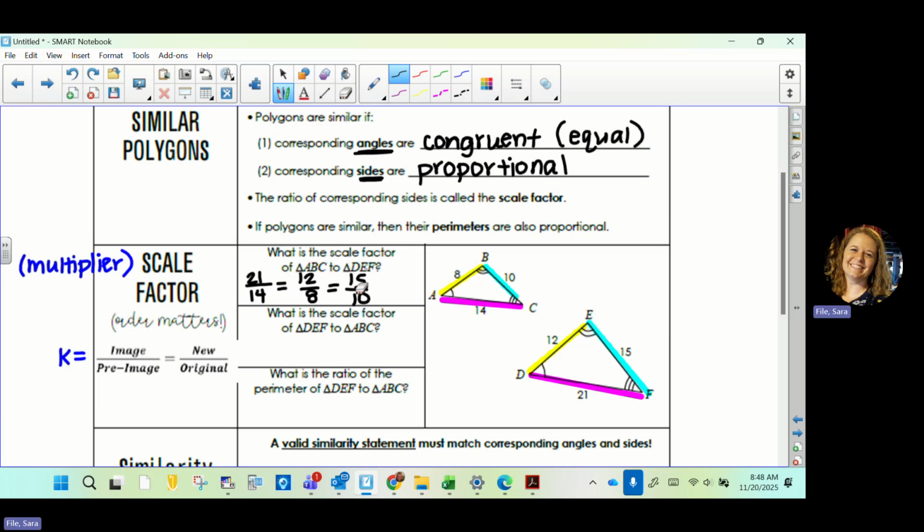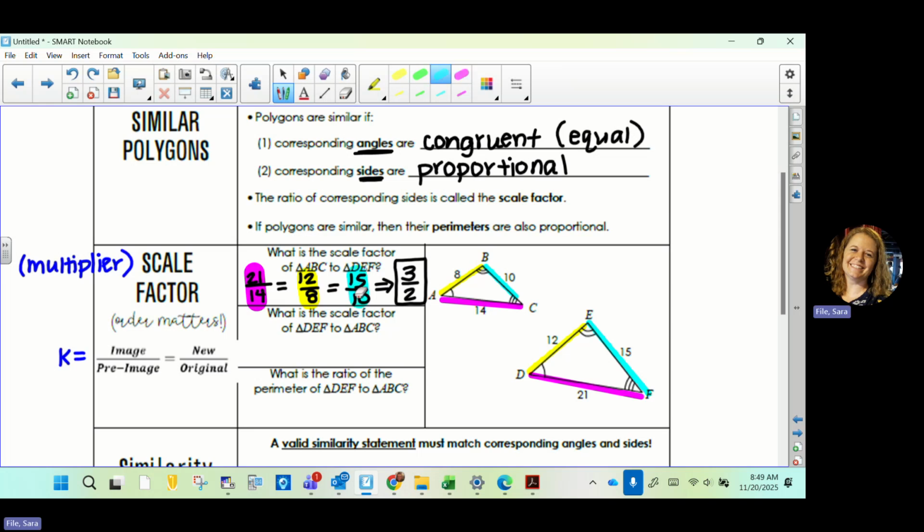And all of those come out to 1.5 or 3/2. So that's my scale factor. That is your K. That is your scale factor. And if you want to color code, that was the yellow, the blue. Oh, no, that was the pink.